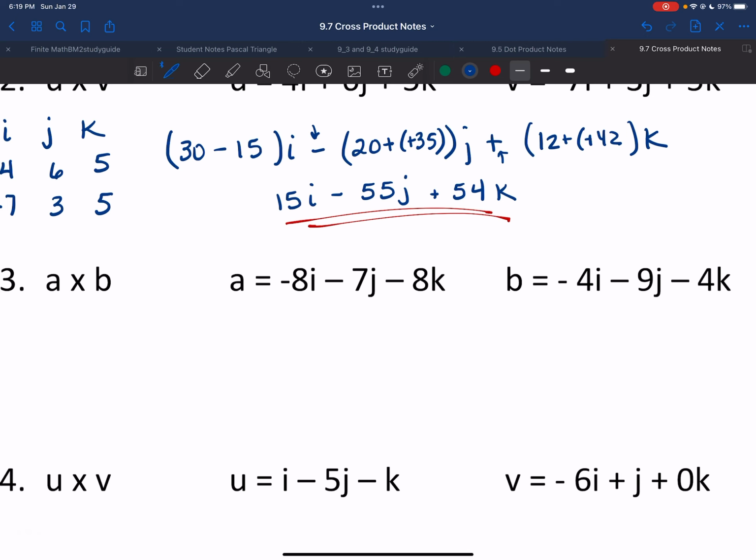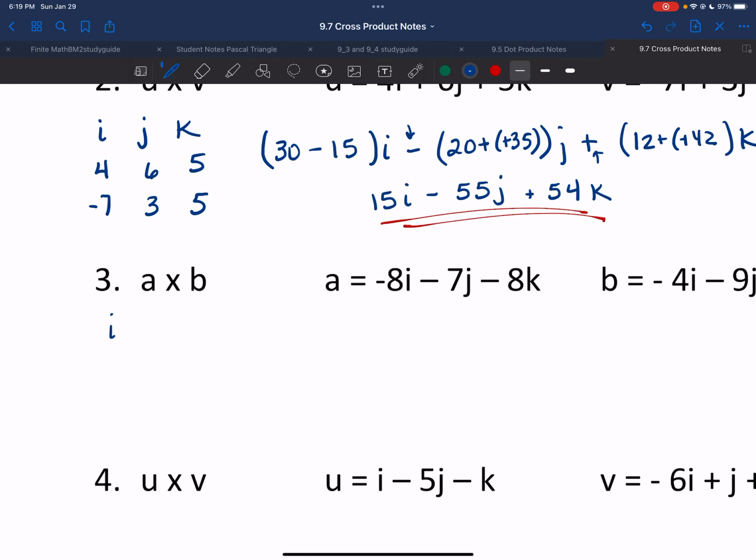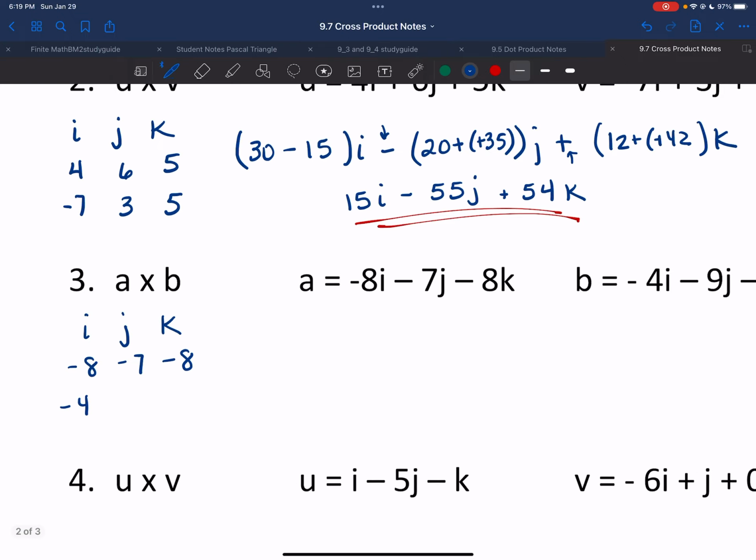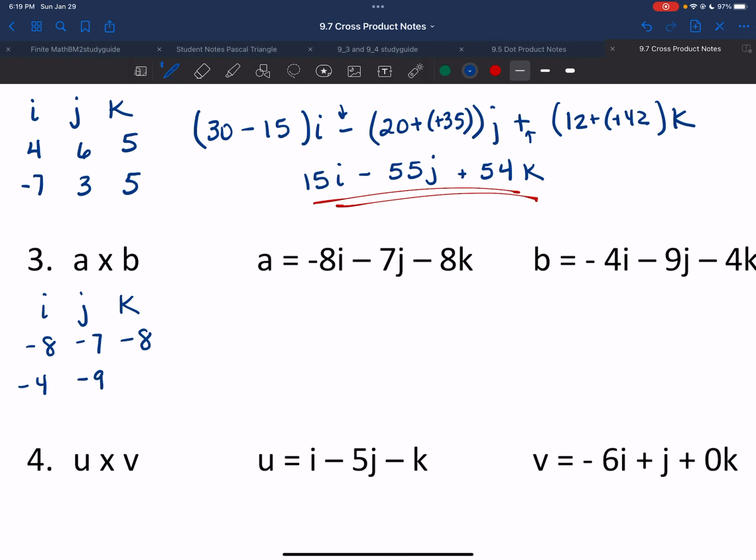So in this one, we have i, j, k, negative 8, negative 7, negative 8, negative 4, negative 9, and negative 4. So we have a lot of negatives here. And we have our framework here.